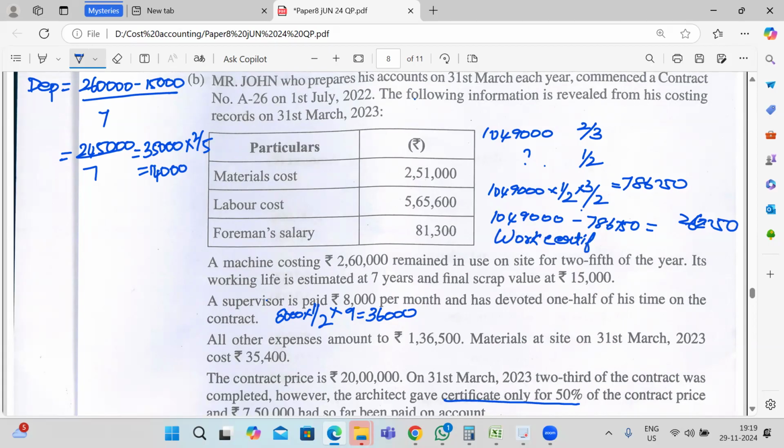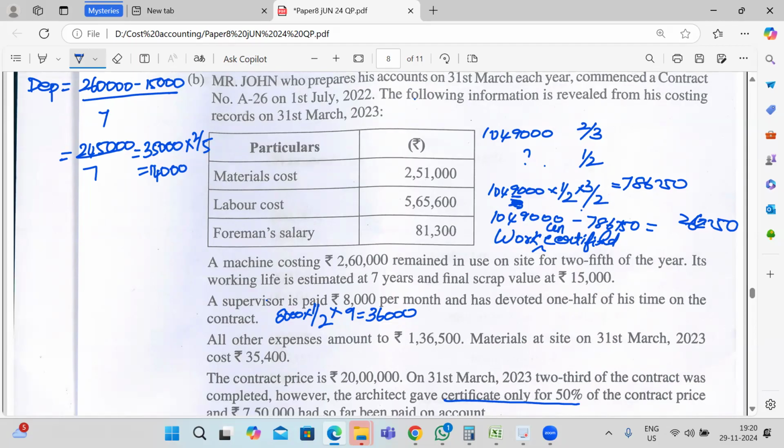So I guess you understood this logic. This is total work completed, 10,49,000. In this, I'm calculating the cost of certified work, that is half, 1/2 into this 2/3. If I put it in the denominator, it comes as 3/2.